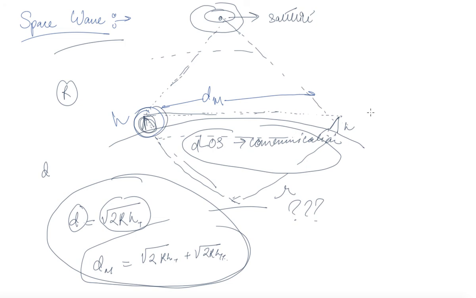That is given by dm, root over of 2 r ht plus root over of 2 r hr, where ht is for transmission and hr is for receiving.